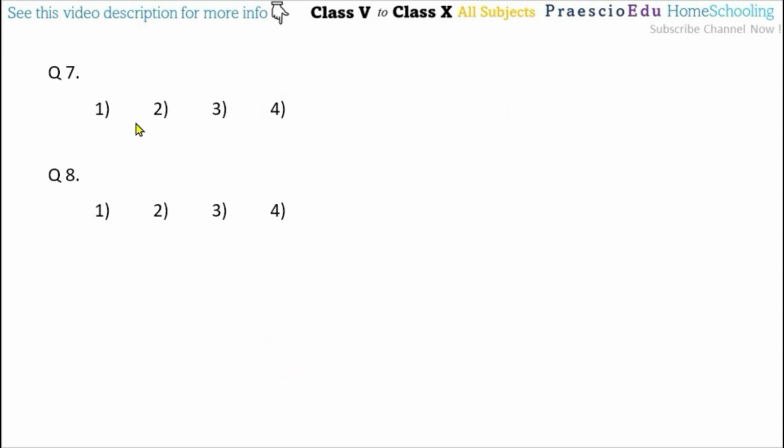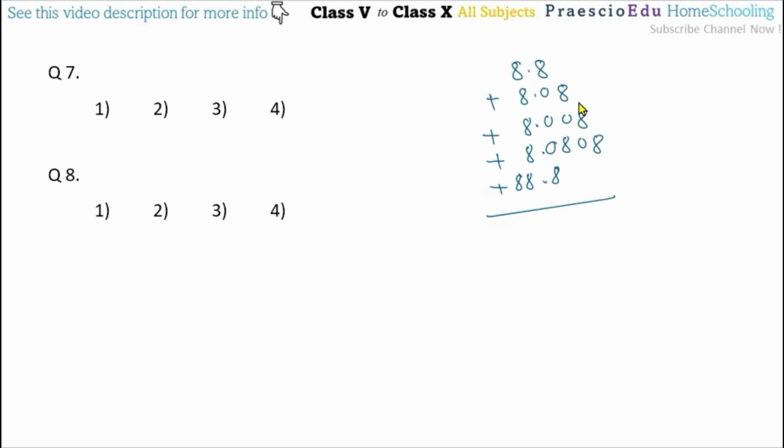Now question number 7: 8.8 plus 8.08 plus 8.008 plus 8.0808 plus 88.8. Now we will do the additions.